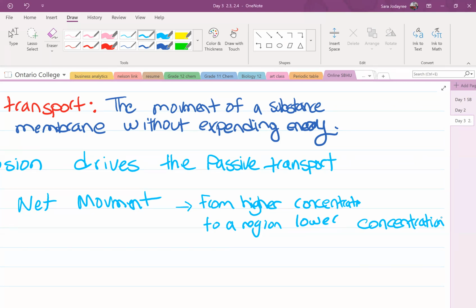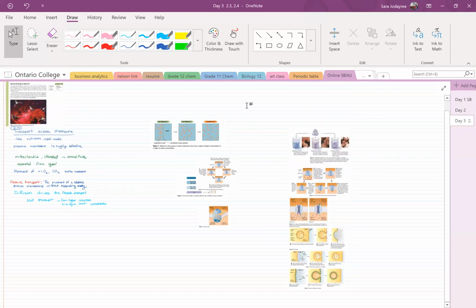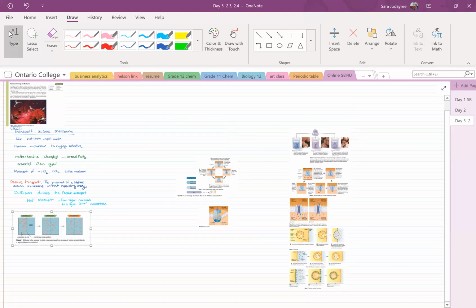If molecules are more concentrated in one region of a solution, on one side of the membrane, the random motion of the molecules causes them to become evenly distributed. So I'll show you a picture that will help us understand this.